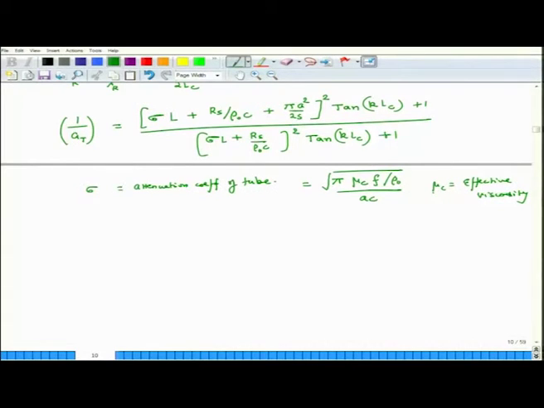But mu c is effective viscosity, it is not actual viscosity, and what is mu c? Mu c is equal to the actual viscosity of air times 1 plus gamma minus 1 divided by gamma PR, whole thing under square root.